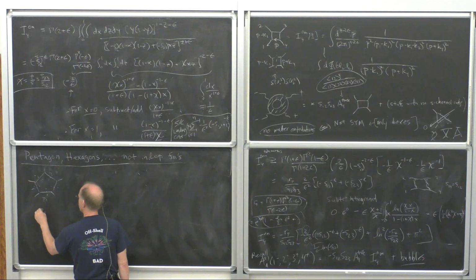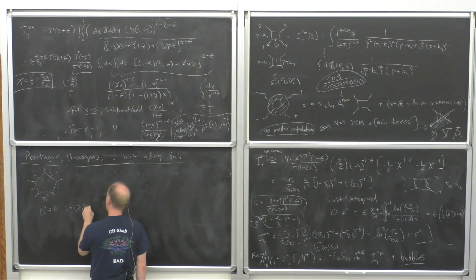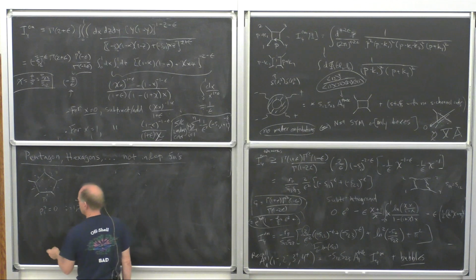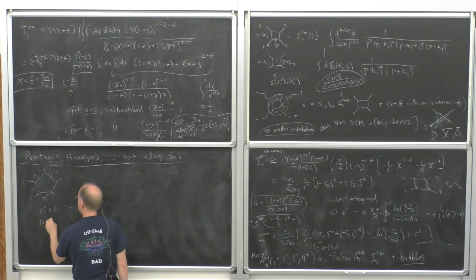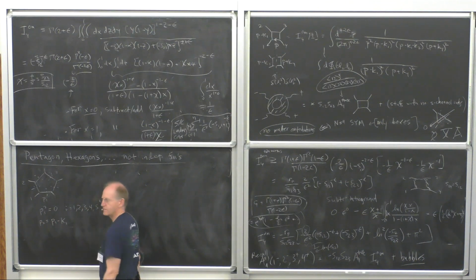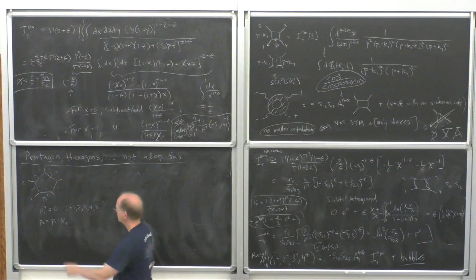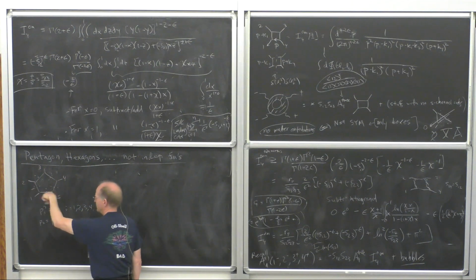So we're going to impose Pi squared equals 0, i equals 1, 2, 3, 4, 5. Now remember that P2 is not really independent of P1. It's P1 minus K1. That is, there's a loop momentum here, but we think of the external momenta as fixed.